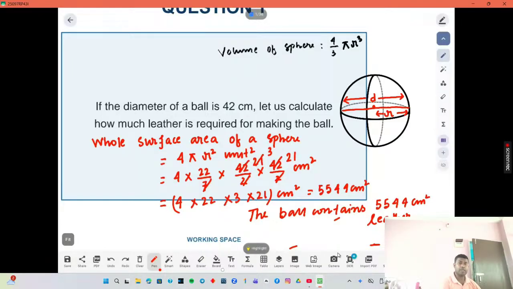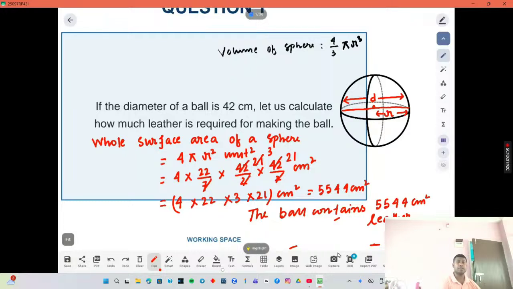Now, we put the value of pi as 22 by 7, and the diameter of the ball is given as 42 centimeter. To find the radius of the ball, we have to divide the diameter by 2.